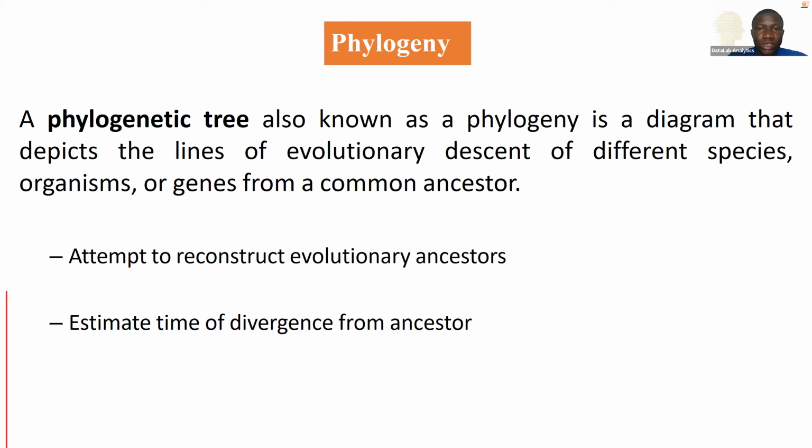We also have morphology phylogeny, like what you are seeing physically. For example, if you look at a chimpanzee and some other apes, you'll see that they are very much alike, right? So morphology uses what you can see to determine if there's an evolutionary relationship between these organisms or species in question.